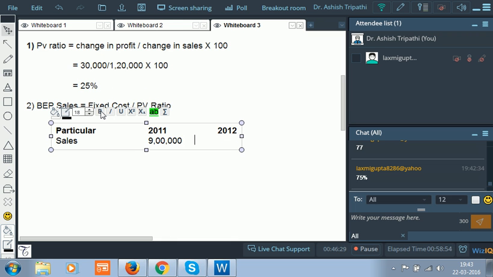So let me write sales of both the years. Sales of the first year is 9 lakh, and sales of the second year is 10 lakh 20,000.